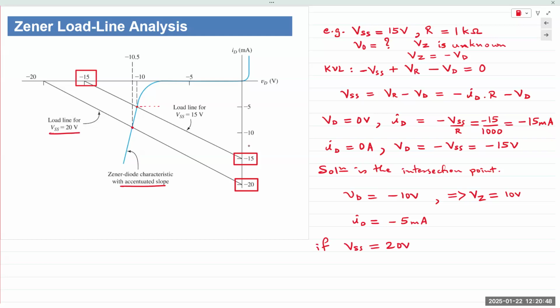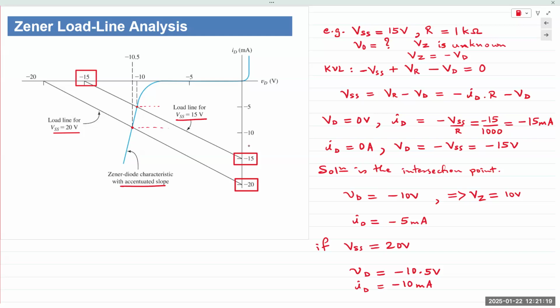This is VSS is 20 volts. This is VSS is 15 volts. And my diode voltage and current is now shifted just a tad, minus 10.5 volts. And let's say minus 10 milliamps.